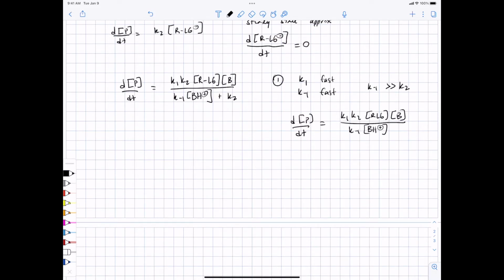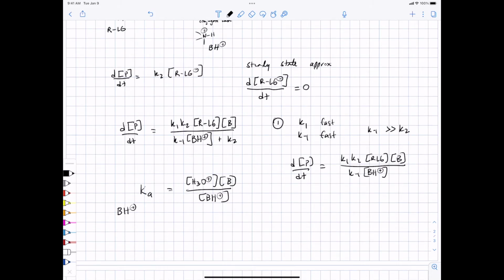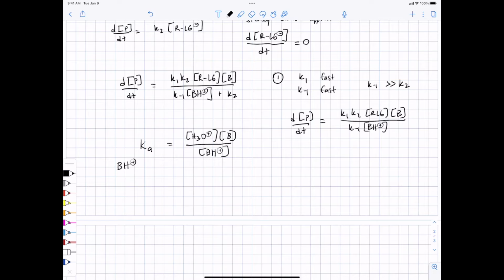The acid dissociation constant for BH plus would equal H3O plus times concentration of B divided by the concentration of BH plus. So we could substitute, we could say that Ka divided by H3O plus equals B divided by BH plus.